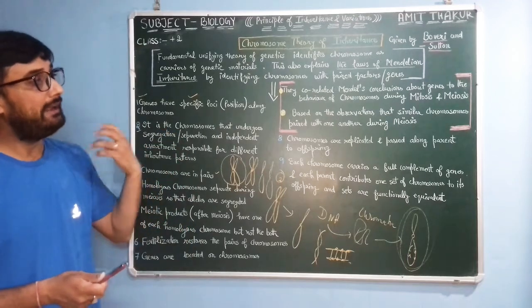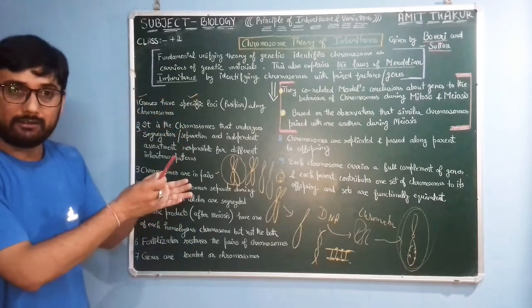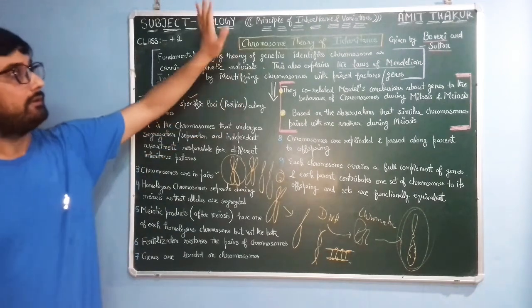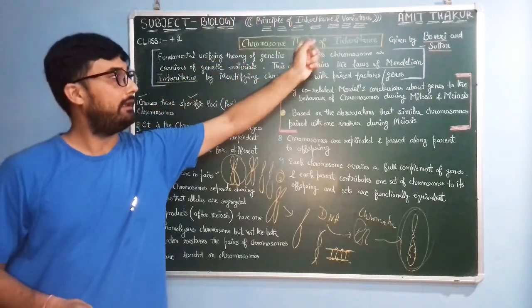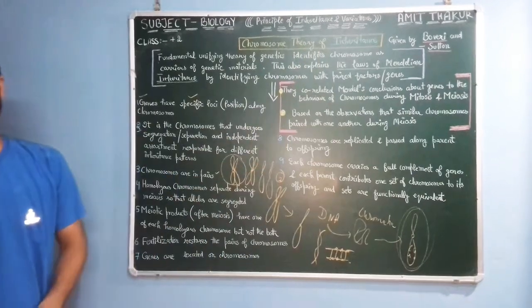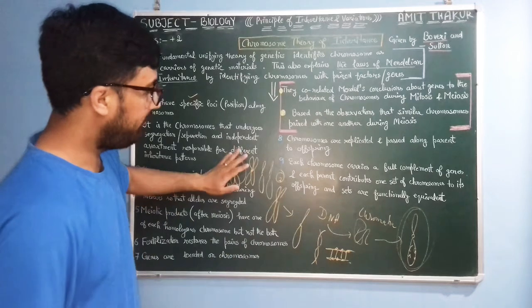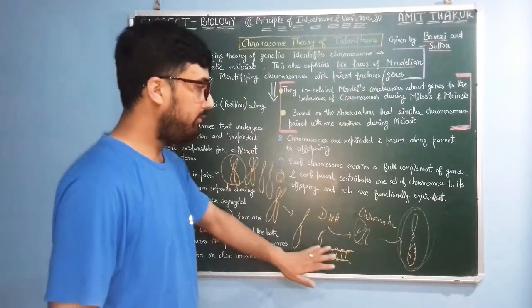So they correlated the work of Mendel with their own observations in the chromosome theory of inheritance. So these are the various points, and this is how I explained it to you.